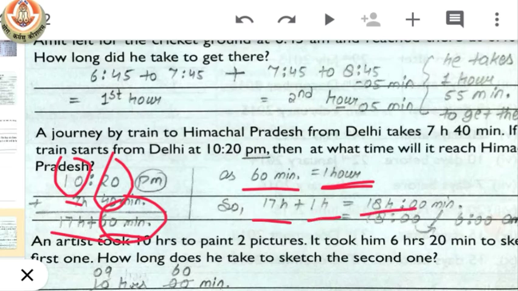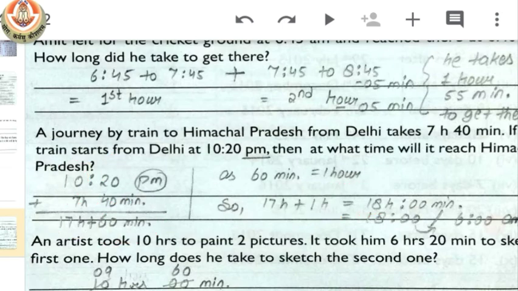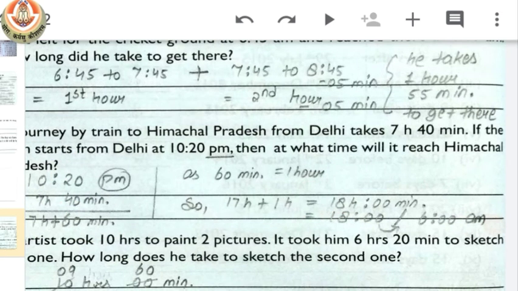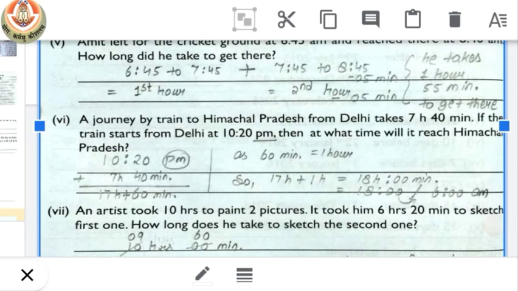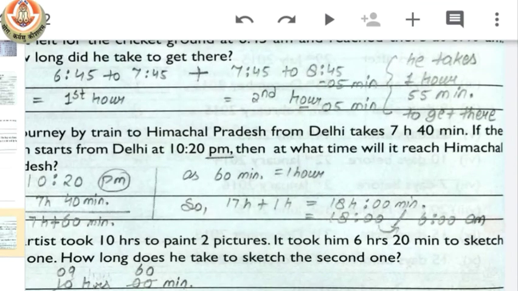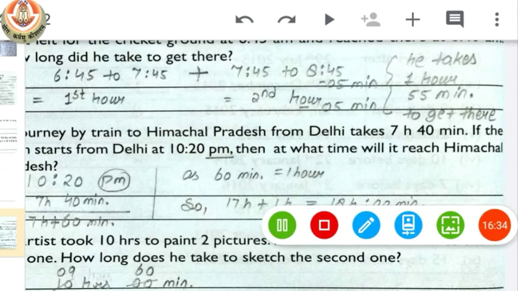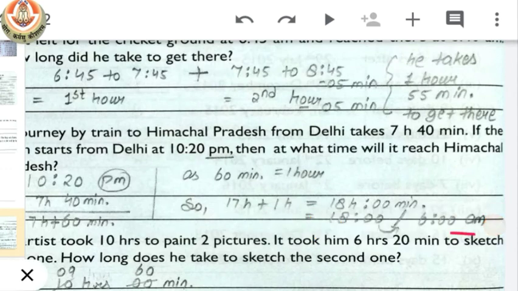Now as the train starts at PM, after 18 hours we get morning, that is AM.